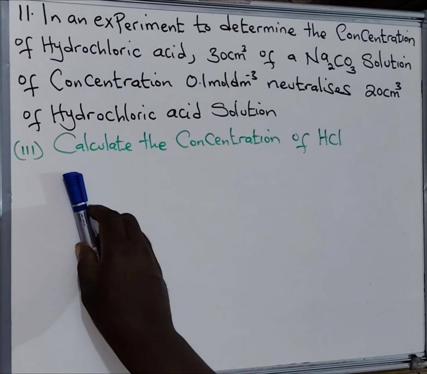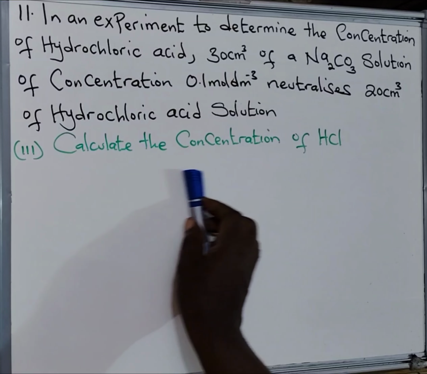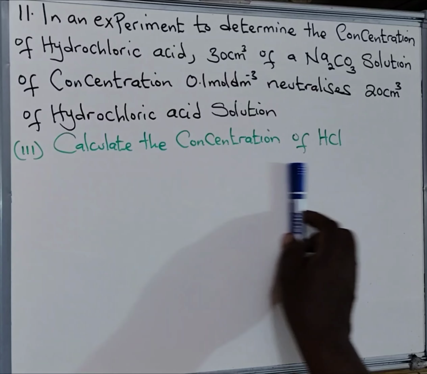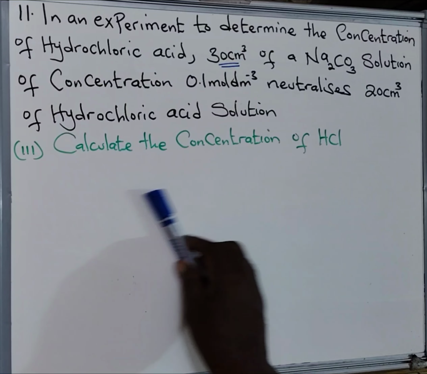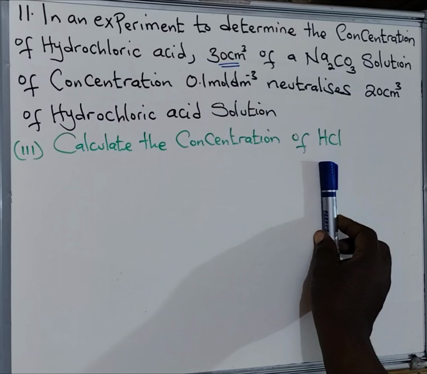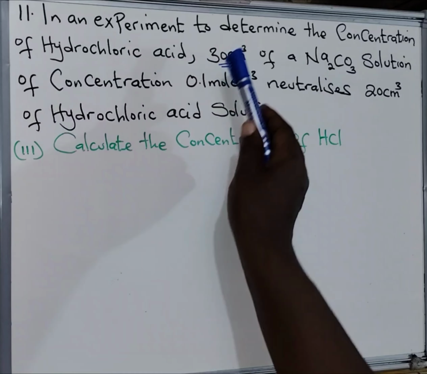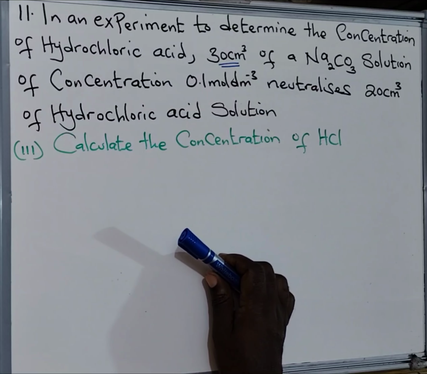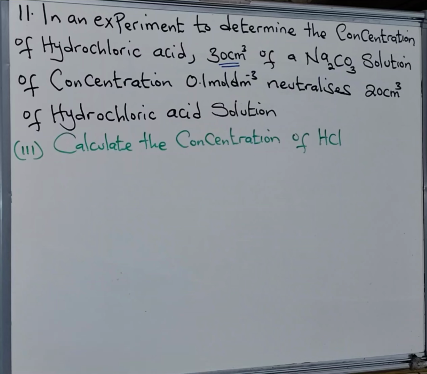Then we come to this question saying, calculate the concentration of hydrochloric acid. How do we go about this? When a question comes like this one, where do we start from? You analyze the question, and from analysis you realize that our standard is sodium carbonate. Sodium carbonate being our standard, we start with it.